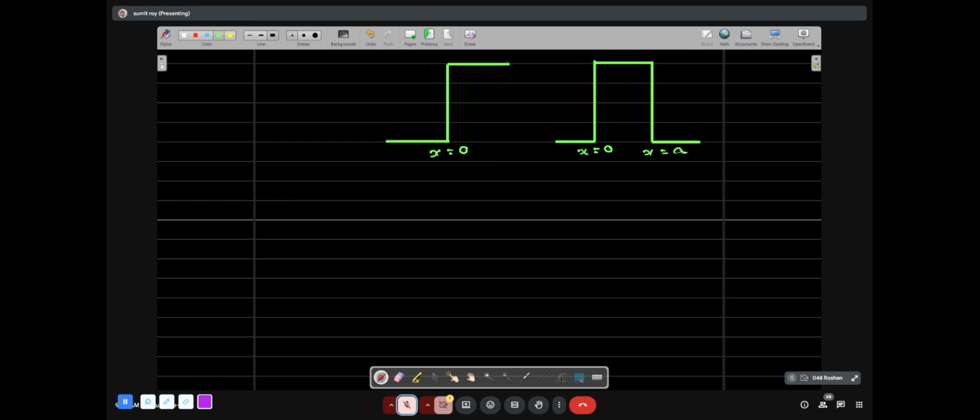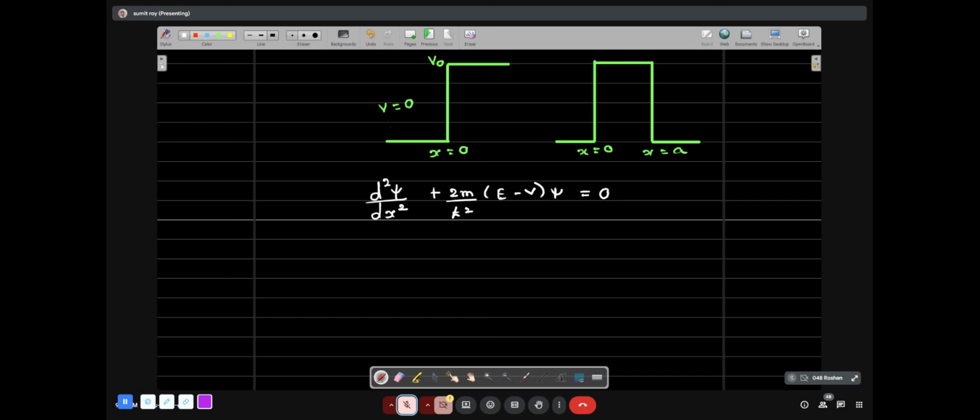The potential energy here was V naught and the potential energy here was 0. What is the general Schrodinger equation that we have? Time independent one: d2 psi by dx square plus 2m by h cut square (E minus V) psi is equal to 0.